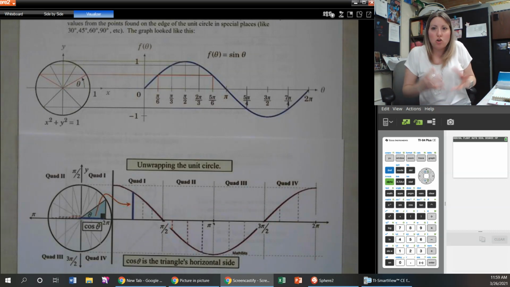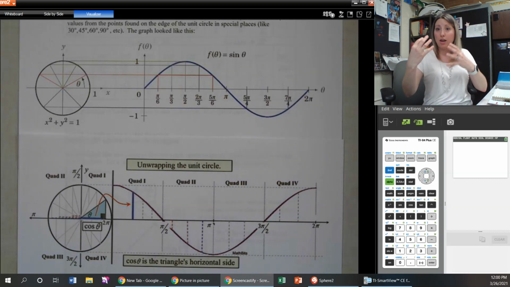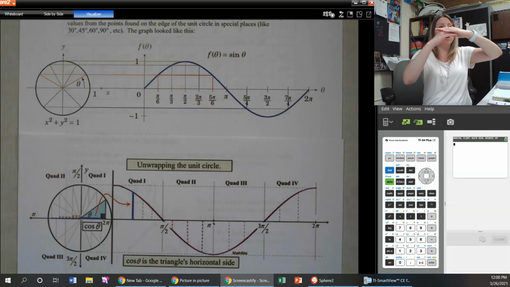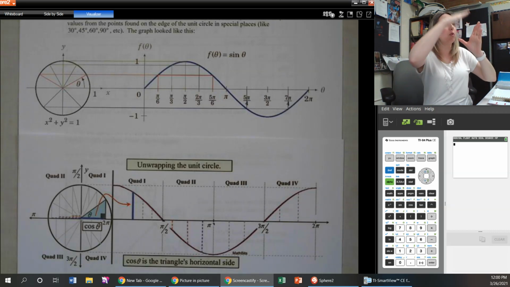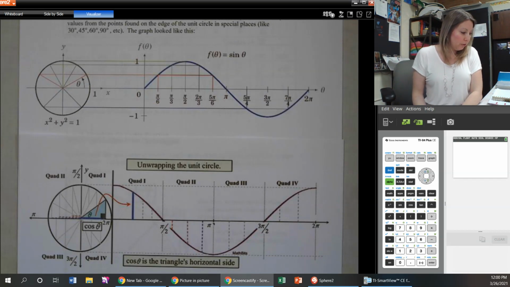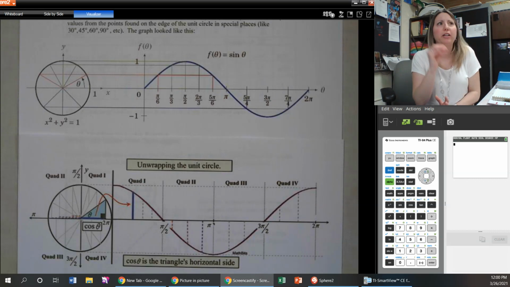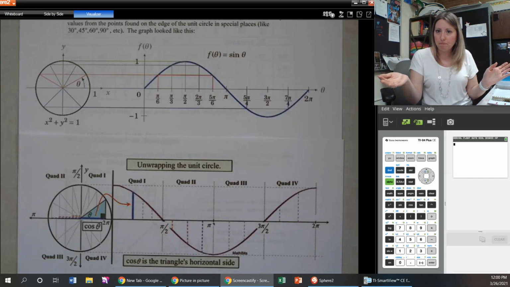So we're going to start taking these basic graphs and using them and seeing how they get spread out or narrow, or what is this distance that we're calling a cycle, and all that kind of stuff. So that's what we analyze next. But let's get this down first, right? Let's get the basic down first and just keep practicing this exact same basic graph for sine and cosine.